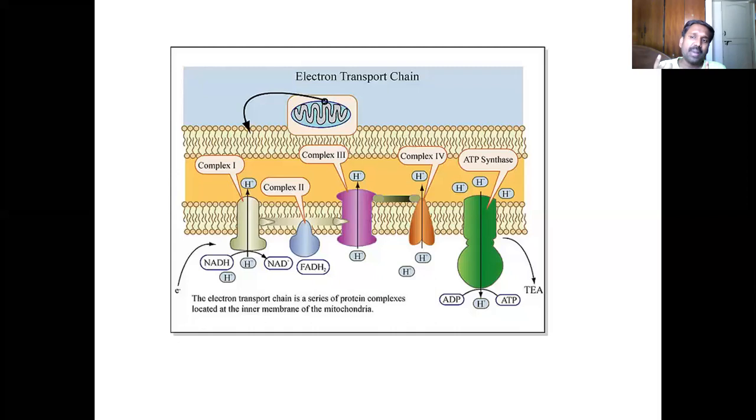Even a complex in biochemistry is not a single protein. A complex is a collection of many molecules. Any complex chiefly contains proteins, but along with the proteins there are other organic molecules and metals in the complexes.